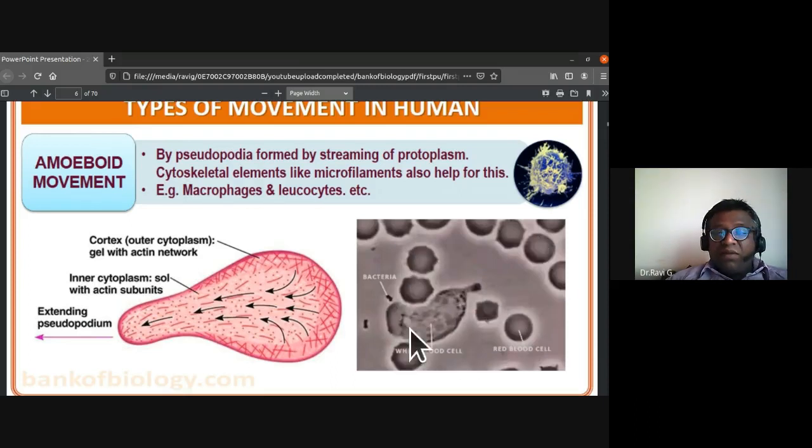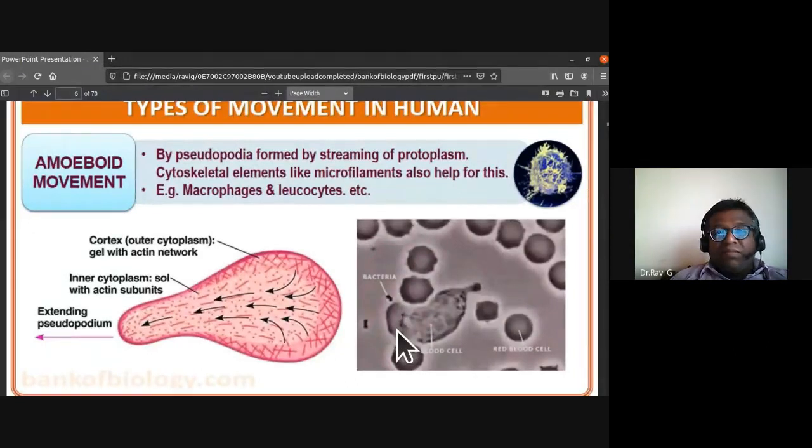So within the blood, you can see the leukocytes. They are going to help in removal of antigens or foreign particles like microorganisms by the formation of pseudopodia, which trap them and engulf them as a food vacuole.